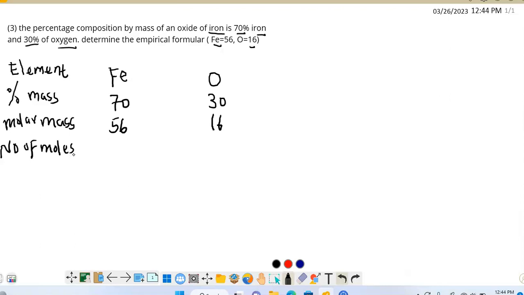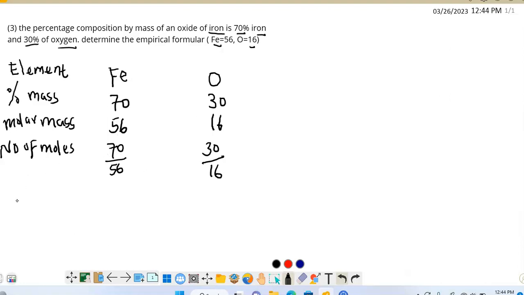How do you get the number of moles? You divide this one by this one. You say 70 divided by 56, and here you say 30 divided by 16. That's how you get it: mass divided by molar mass, both sides.